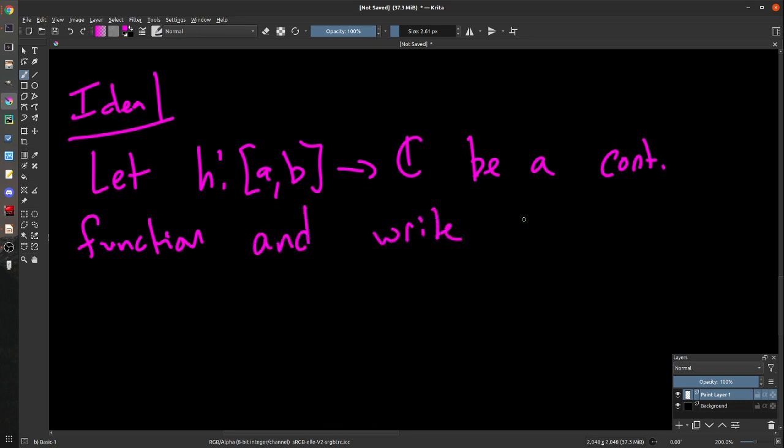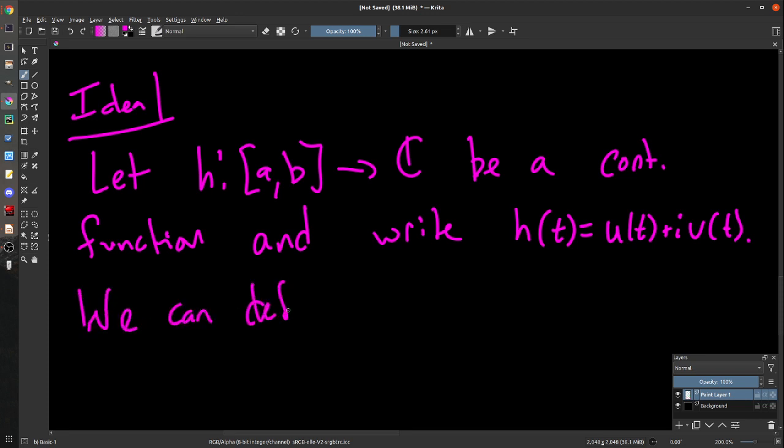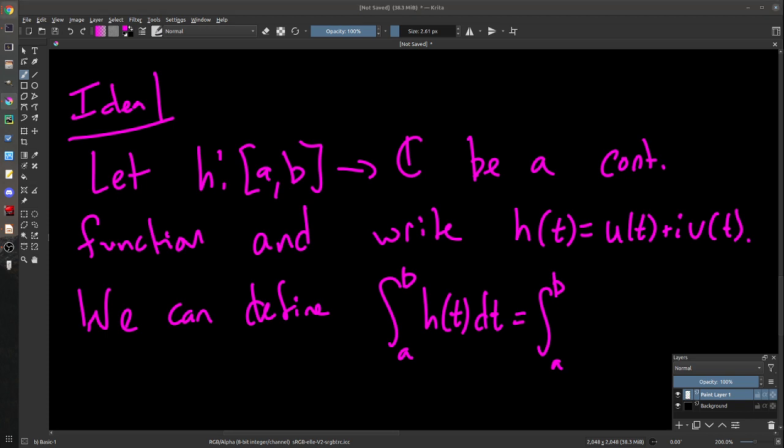Okay, so let's write h of t as u of t plus i v of t, right? We could define the integral from, say, a to b of h of t dt to be the integral from a to b of the component functions.